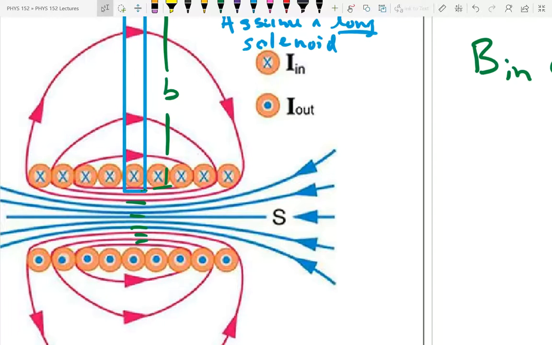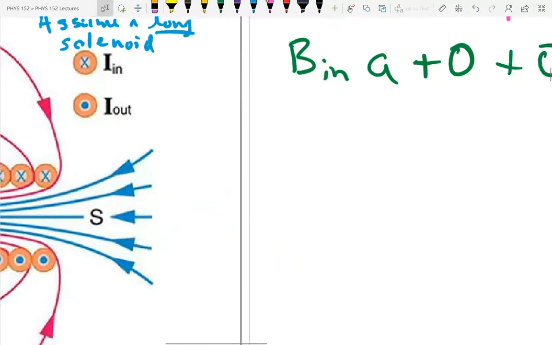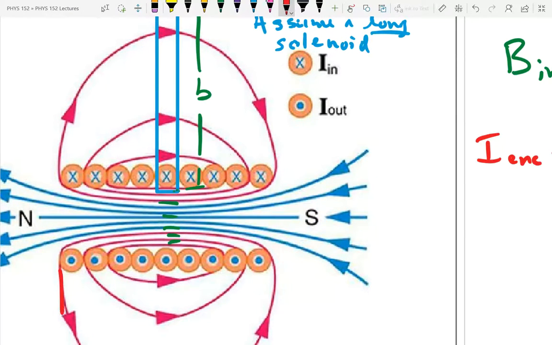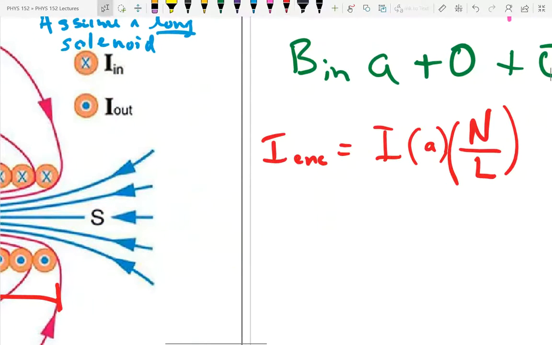So to be general about this, I say that the current enclosed is equal to the current multiplied by my length A, and then multiplied by the total number of turns in my solenoid divided by the total length of the solenoid. So capital L is the total length of the solenoid, and capital N is the total number of loops in the solenoid.